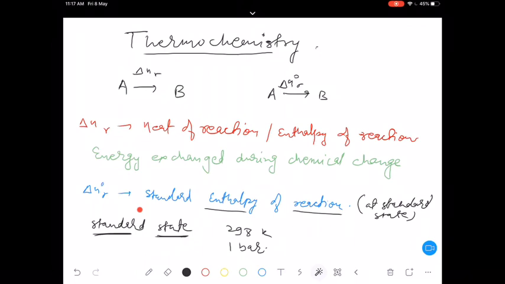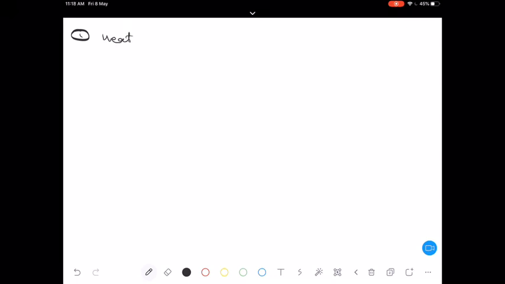So here, let's start with the different types of heat of reactions. We are talking about this heat of reaction. Let's talk about different heats of reaction. I'll start with the first one, heat of formation.